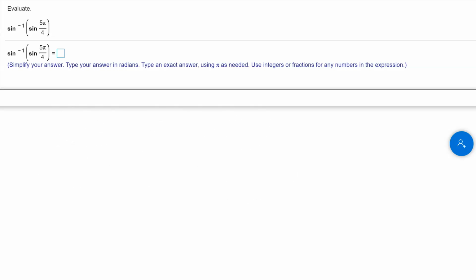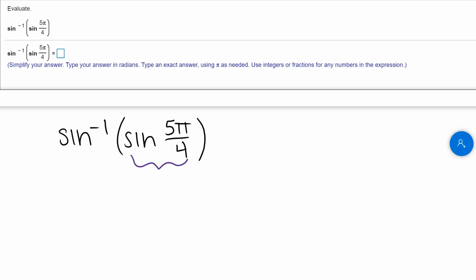Okay, so let's think about this a little bit more. Let's take our time and not just assume things. Let's work our way from the inside out. So sine of 5 pi over 4. As we just saw, 5 pi over 4 is in the third quadrant.